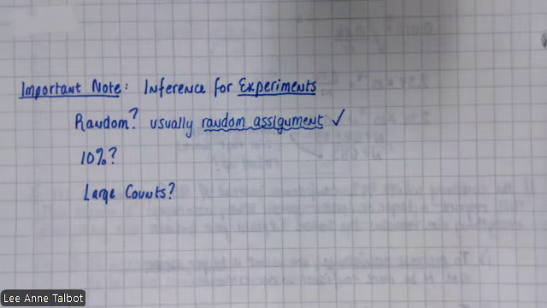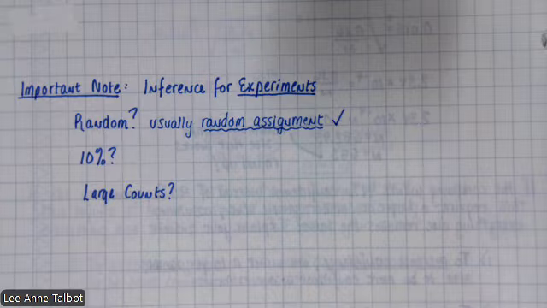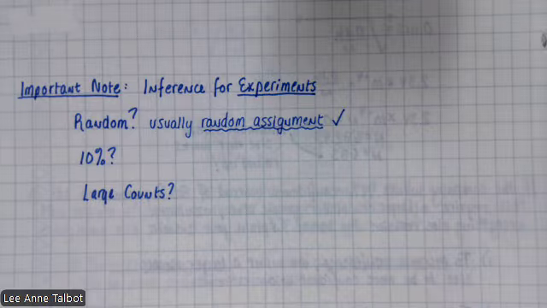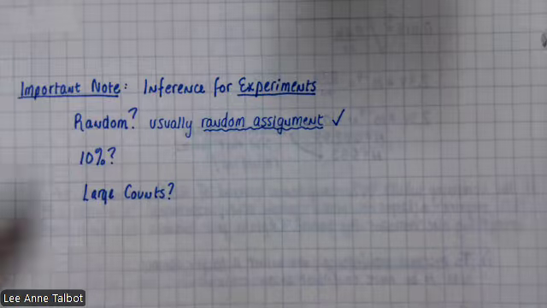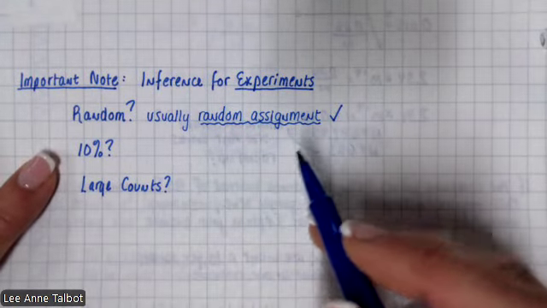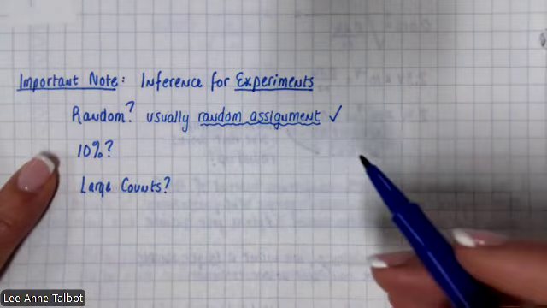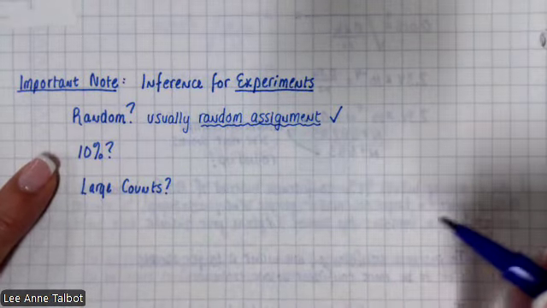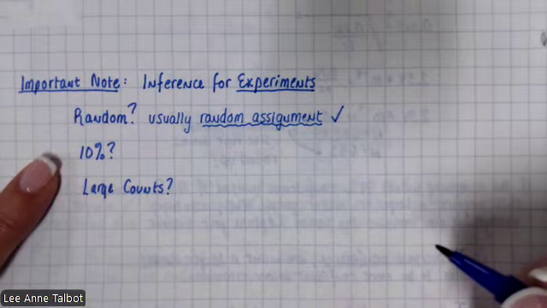It should sound like random assignment, or it should say random assignment, or it should sound like an experiment. And then you should have random assignment. Okay. The 10% condition, if you have an experiment, it doesn't apply because you're not randomly selecting out of a hat or worried about independence.